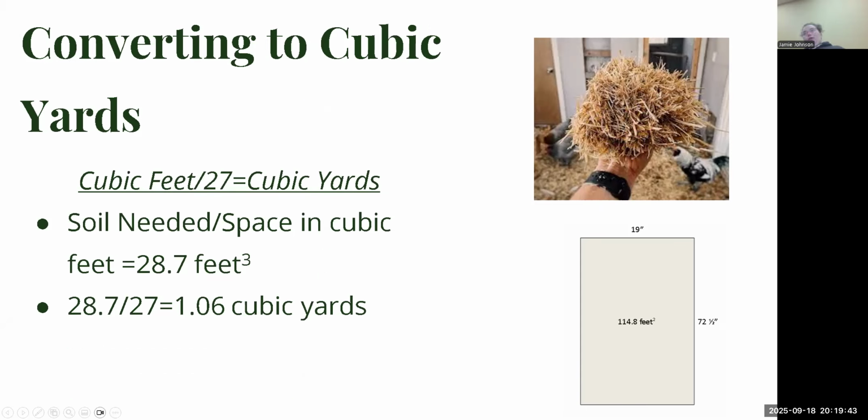Now, we're going to convert that over to cubic yards because bedding, like soil, as we talked about in the gardening video, is often sold in cubic yards and not cubic feet.